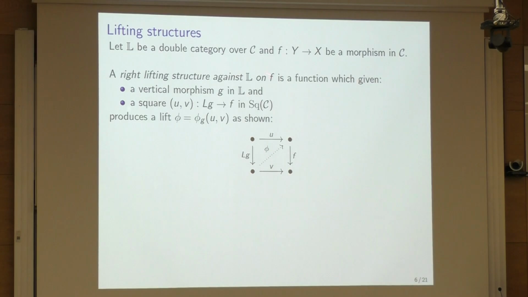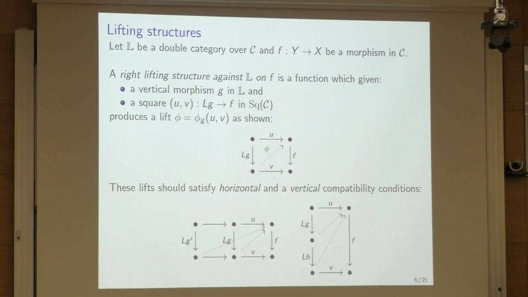So let's say that I have a double category L over C, and a map F in C. Then a lifting structure on this map F against this double category L is basically an operation which, given a vertical morphism in L and a commutative square from this vertical morphism to my map F, actually gives me a diagonal filler.